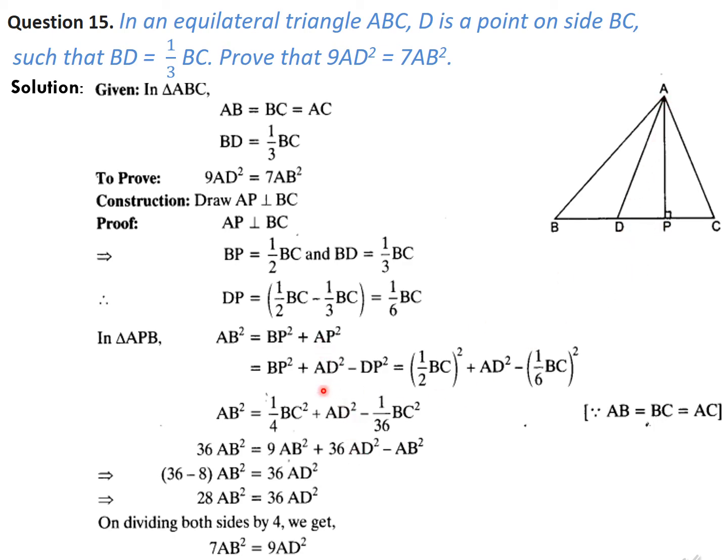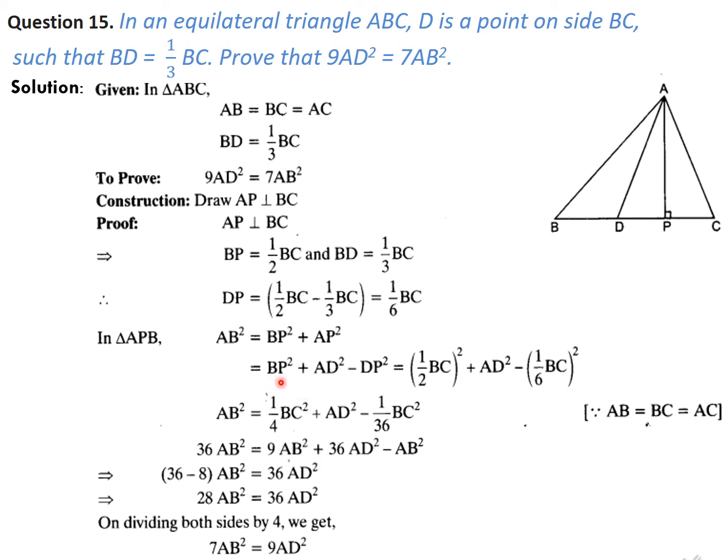So instead of AP, AD square minus DP square. Now we do not know the value of AD square, but we know the value of BP and DP in terms of BC. So we'll bring everything in terms of BC.